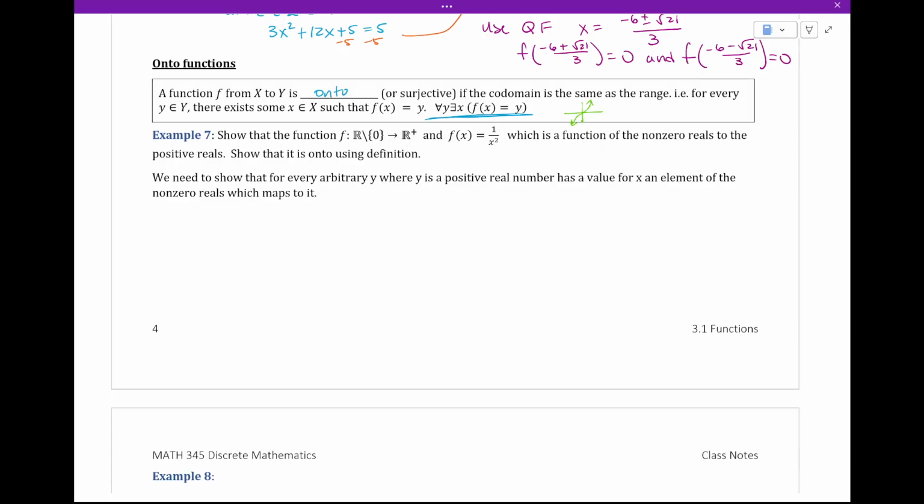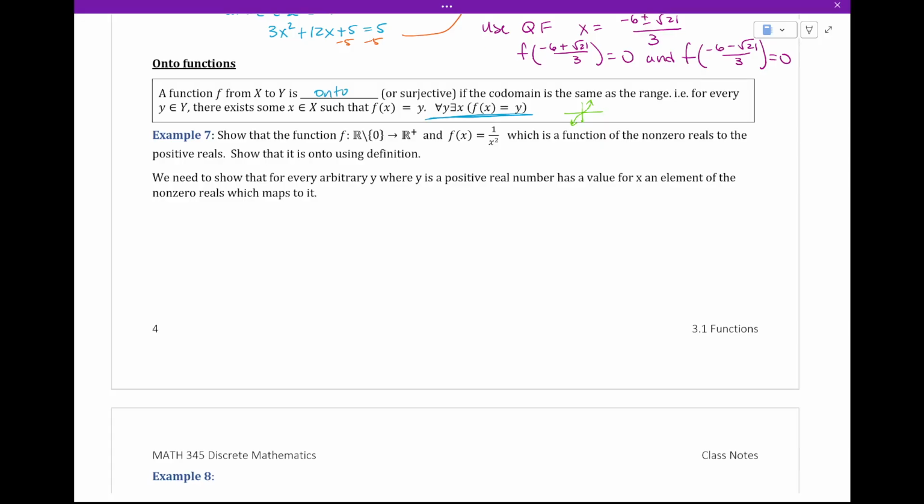All right, I want to show that the function f, which maps all real numbers except for 0, to positive real numbers, and f of x is 1 over x squared, which is a function of non-zero reals to the positive reals. I want to show that this is onto using the definition. So what I need to do is show that for some arbitrary y, where y is a positive real number, there is a value for x that is an element of the non-zero reals.